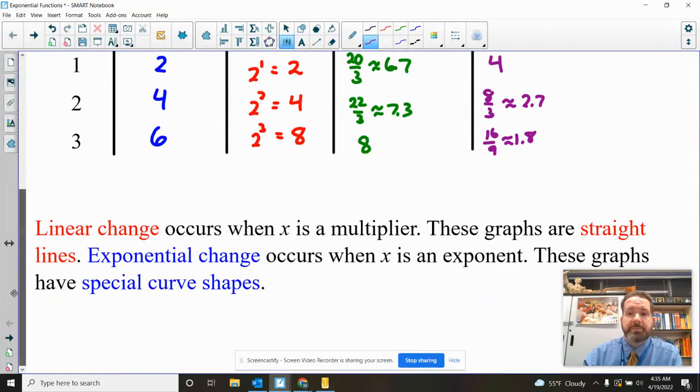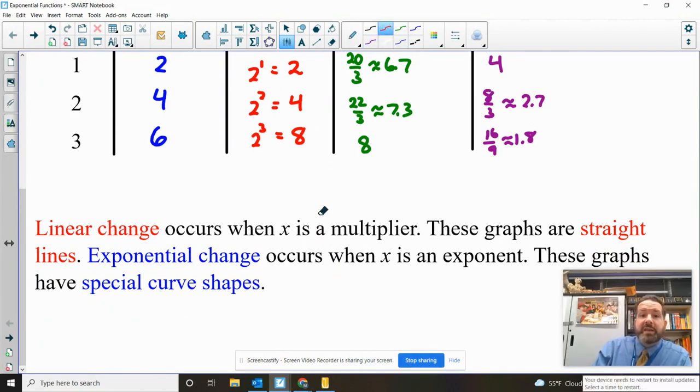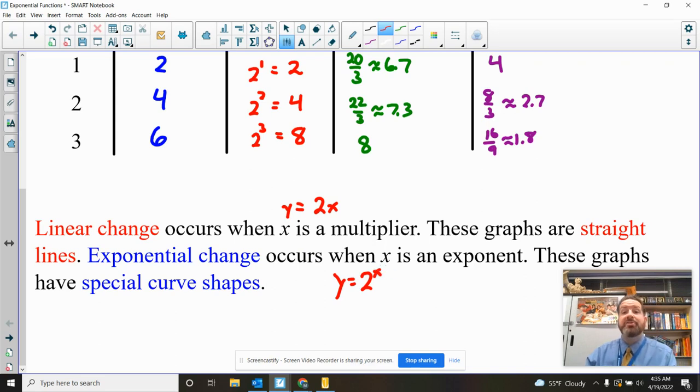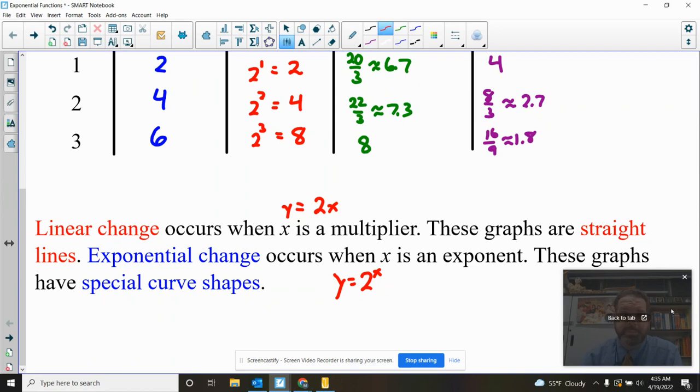So let's summarize it this way. Here it is in words. Linear change, graphs of lines, occur when x is a multiplier. So that would mean it's just a number times x. Like here's an example we had of that. Exponential change, which is what this unit focuses on, is when your variable is an exponent, and those graphs have these curvy shapes.